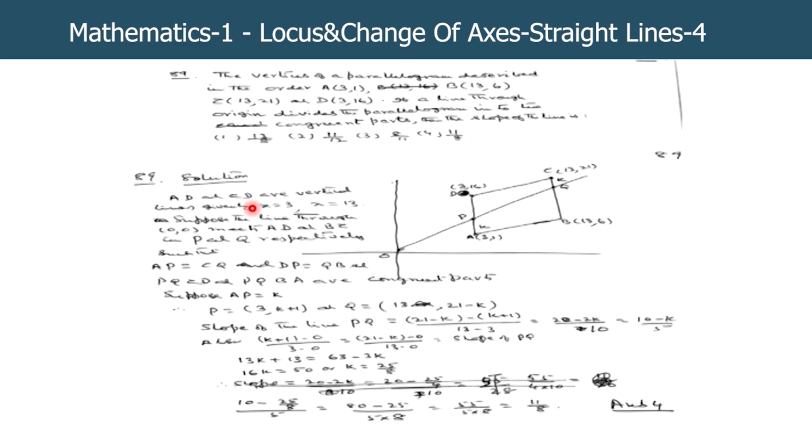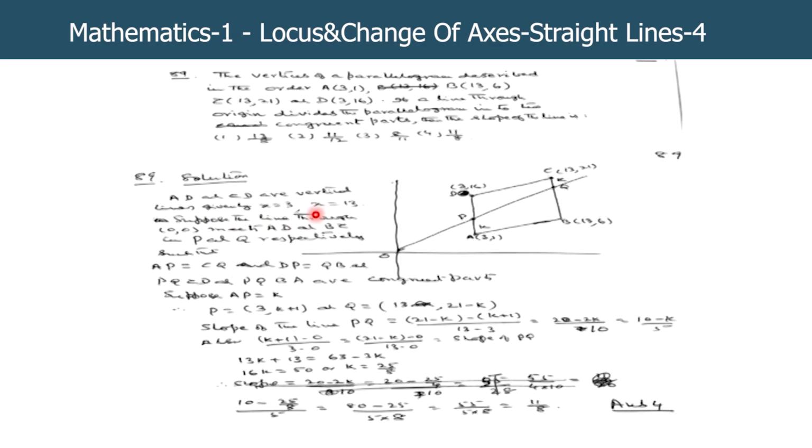and CD are the vertical lines, and by hypothesis AD and BC are vertical lines given by x = 3 and x = 13.